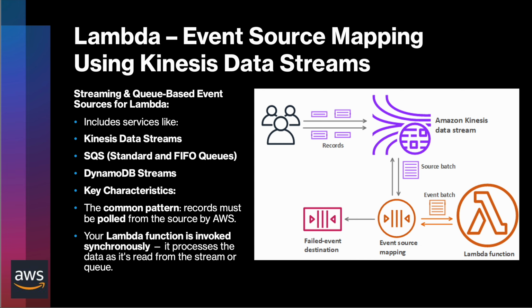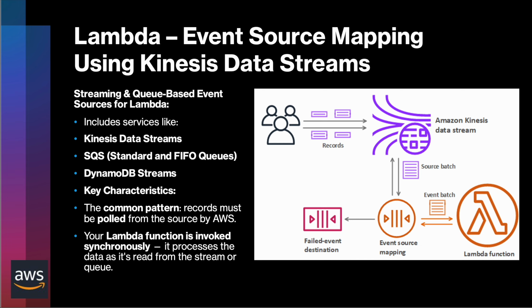Kinesis will return a batch to us, and once the event source mapping has some data for the Lambda to process, it's going to invoke our Lambda function synchronously with an event batch. So at its core, this is how it works.